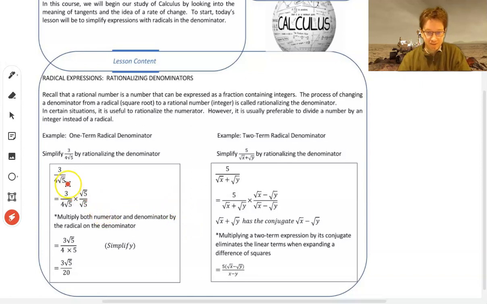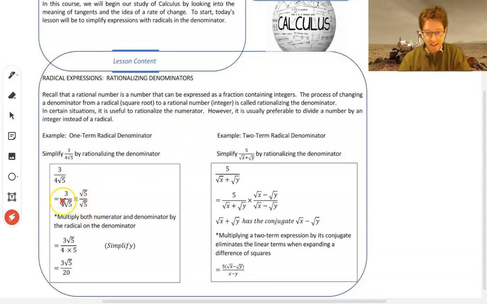So what we do is we're going to multiply numerator and denominator by that square root. Root 5 has to be the same on both top and bottom, so that essentially you're just multiplying by 1, because that ratio is 1. If you multiply any expression by 1, you don't change anything.